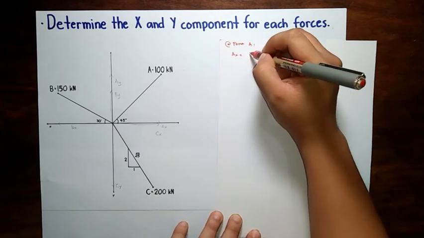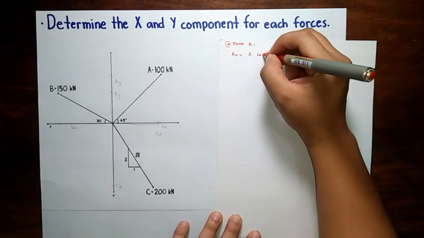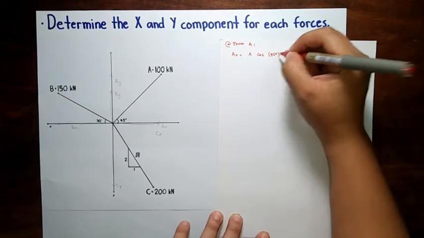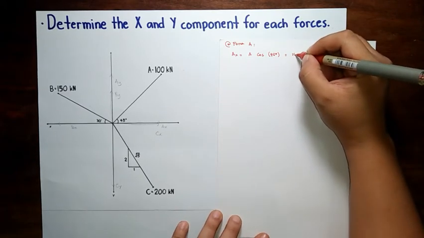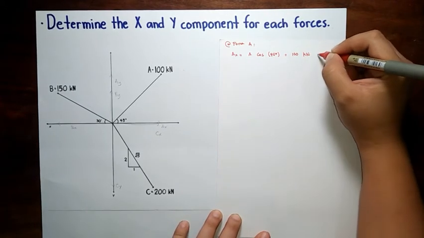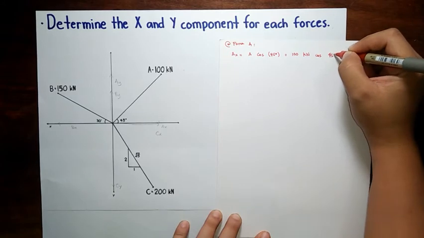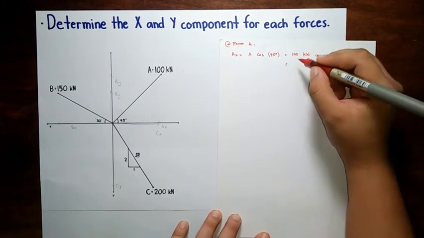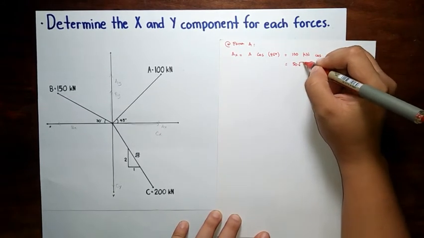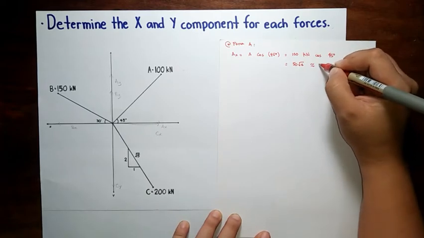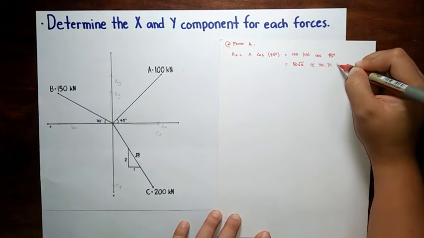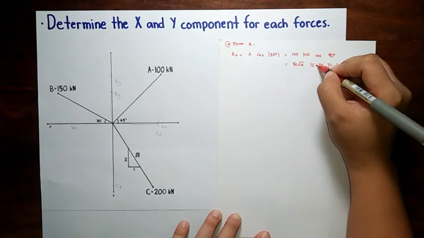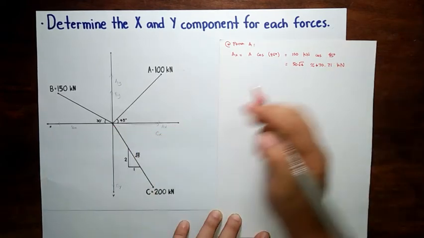AX is equal to A cosine 45 degrees, and that's equal to 100 kilonewton cosine 45 degrees. And that would be 50 square root of 2, or approximately 70.71 kilonewton, and that is positive because it's going to the right.